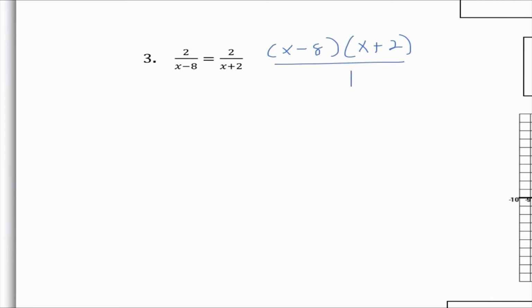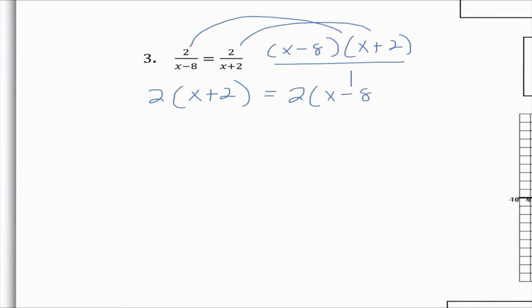And what I'm going to see here is some stuff is definitely going to cancel out. So when I distribute to this first term, my x minus 8's cancel out, and I'm left with 2 times x plus 2. When I distribute to my other term, my x plus 2's cancel out, so I have 2 times x minus 8.